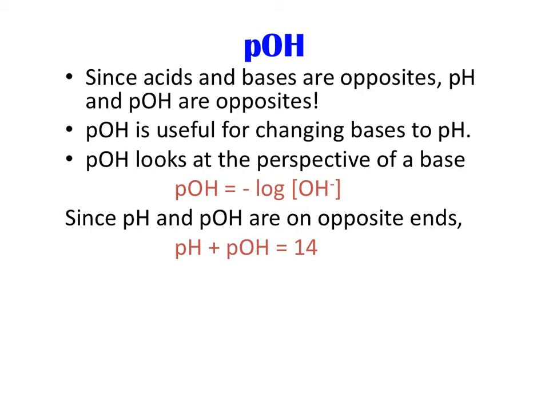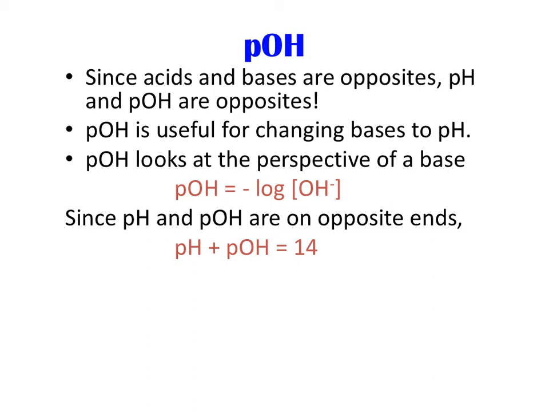So H plus and OH minus concentration always stay in balance. They're kind of like on a seesaw. So when one goes up, the other goes down, and vice versa. Sometimes if you're dealing with a base, say sodium hydroxide, it's easier to calculate using the OH concentration. So maybe you find the pOH.